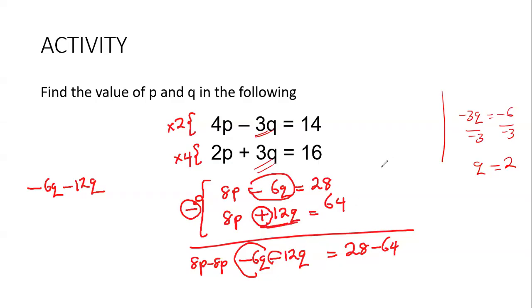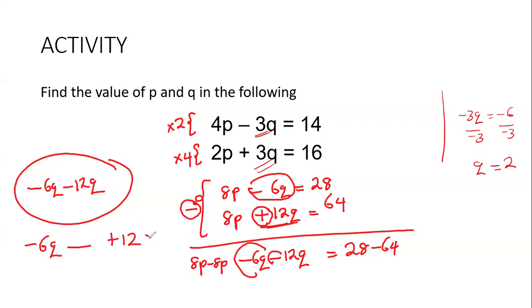Okay, sir, if it's like that, then the answer here is going to be negative 6Q minus 12Q. What do you get? Remember, you have negative 6Q minus positive 12Q. So a negative and a positive will give you a minus.